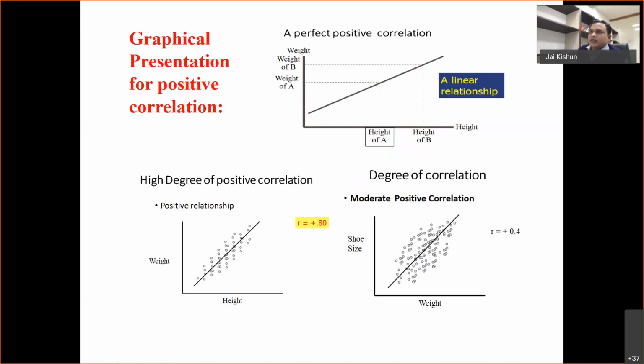So this is the graphical presentation of positive correlation. When we get a single straight line and no points are either below or above the straight line, then these two variables are perfectly correlated.